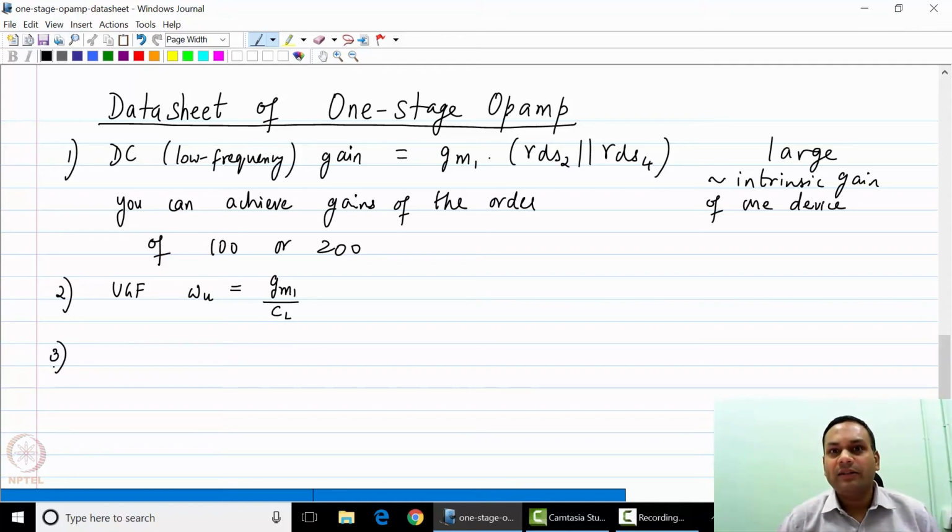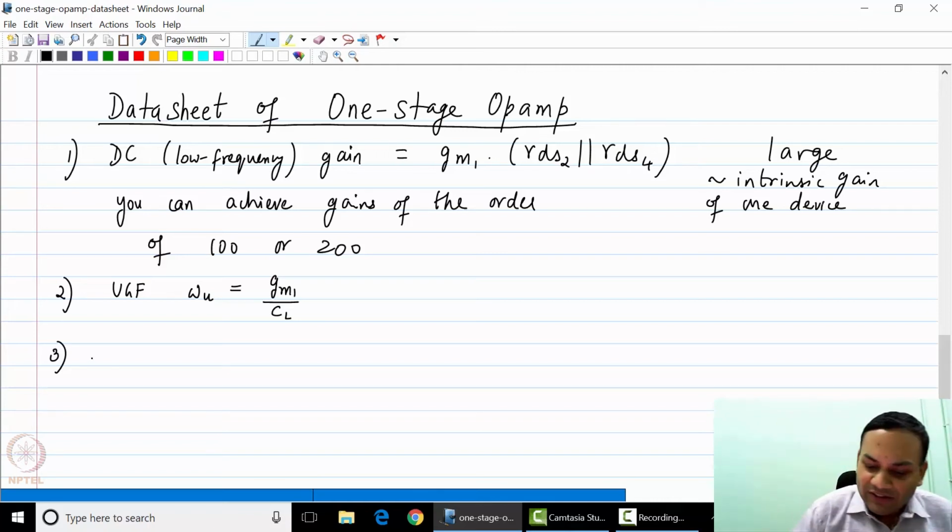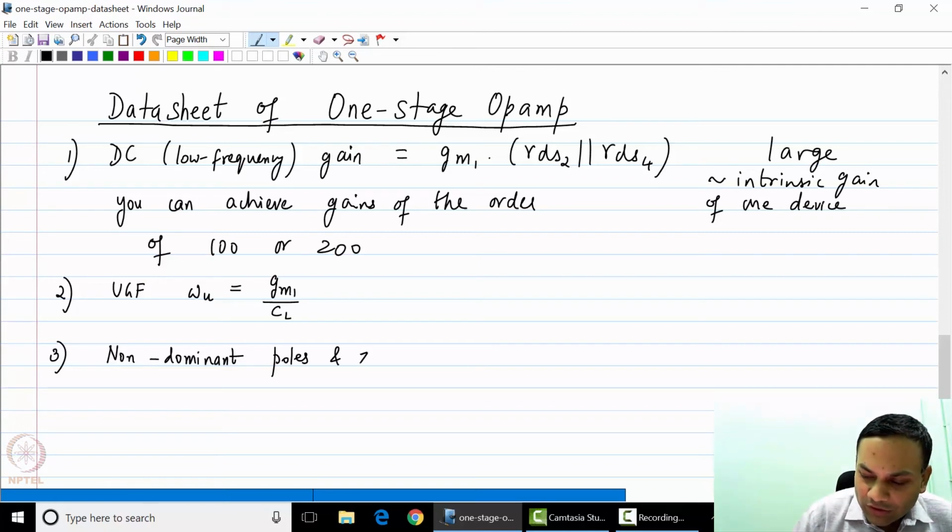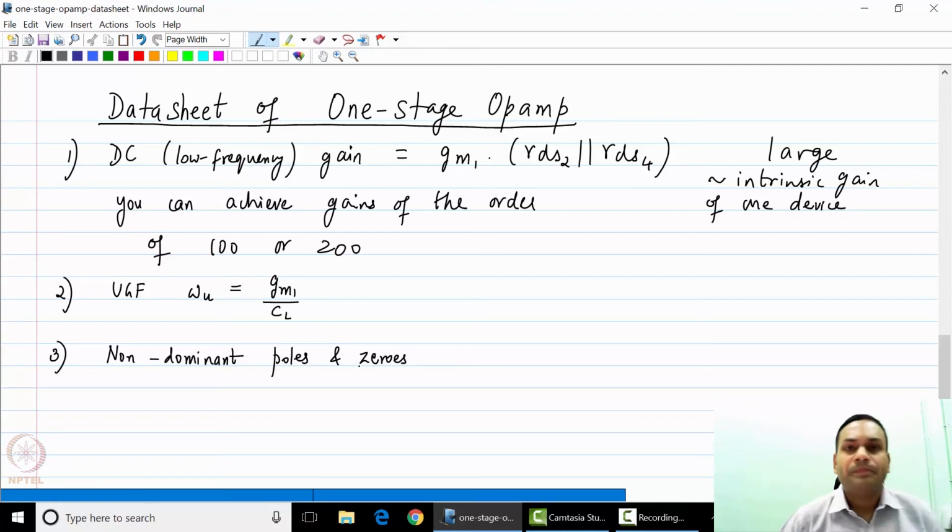The third parameter of interest for us is again related to the frequency response. So we are now interested in the non-dominant poles and zeros. And as we have seen, you have one non-dominant pole and one non-dominant zero due to the non-idealities of the single stage op-amp.